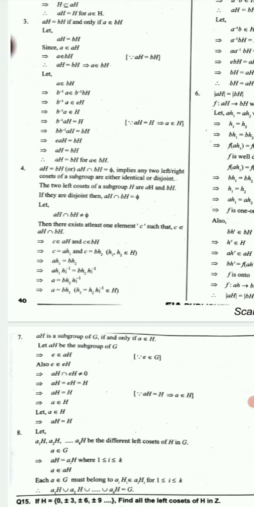Each A belonging to G must belong to some AIH, since H belongs to AIH for I equal to 1 to K. Therefore A1H union A2H union and so on up to AKH equals G, meaning the union of all left cosets is equal to G.